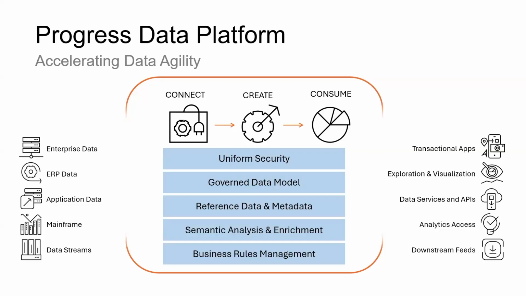And this foundation makes it possible to confidently use the data across the business, supporting a wide variety of outcomes, such as transactional applications or analytics, visualization, or different API systems.